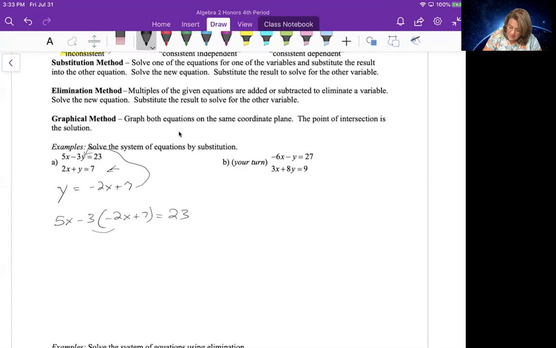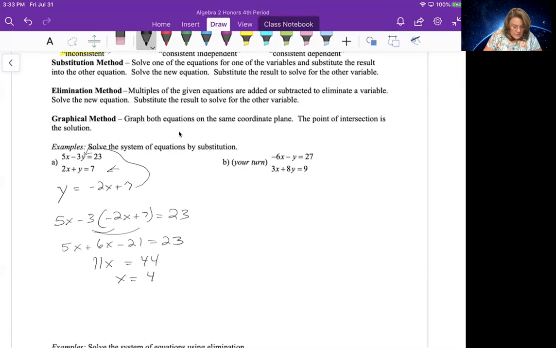But before I do that, I have to distribute the 3 through the entire binomial, and I will get positive 6x minus 21 equals 23. I need to add the 2 x's, so I'm combining like terms. I'm moving 21 over, and I will get 44. I will solve for x, and x is equal to 4.